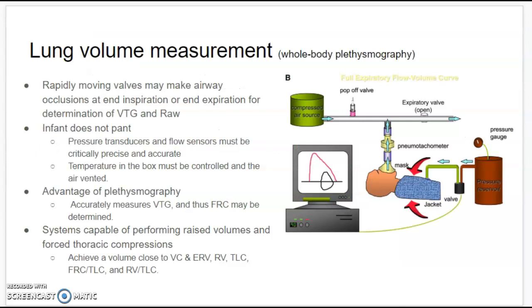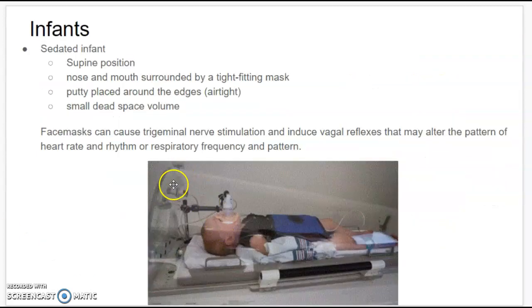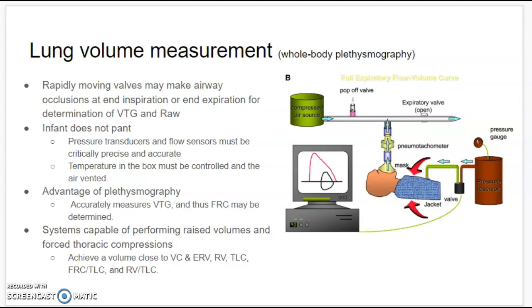So plethysmography, as you saw in the last picture, I'll go back, see this is the plethysmograph, okay? It's a little tiny box that a baby can fit in. And what this machine is then going to do is, with the mask on the patient, there's going to be valves in the machine that make the airway occlusions at end inspiration or end expiration.